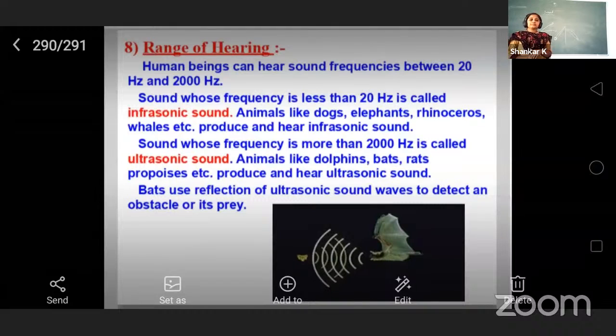So human beings can hear sound frequencies between 20 hertz and 2000 hertz. Sound is measured by frequency, right?